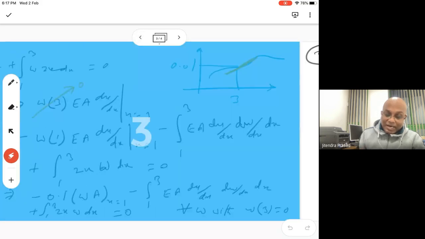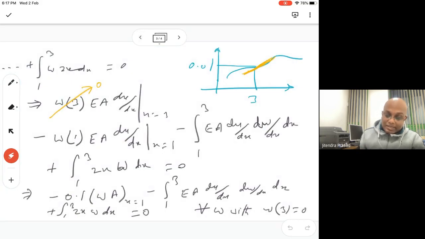Whenever we are talking about this weak formulation, we already do two things. We write w at 3 equal to 0, which means we have some information about w, how w should look.